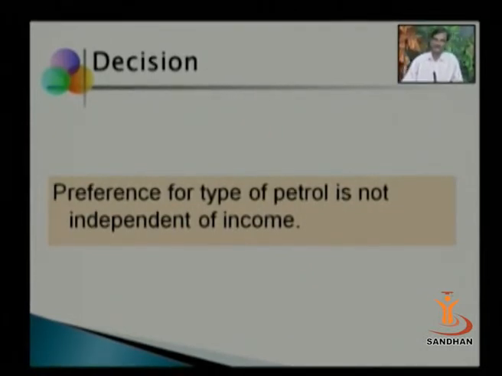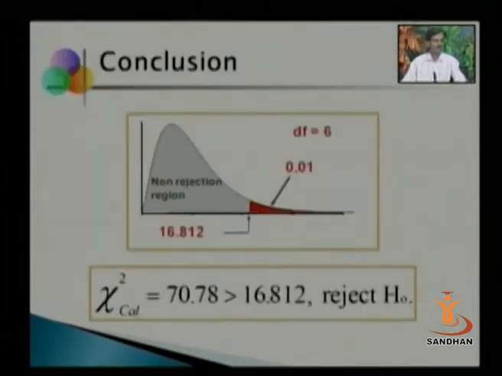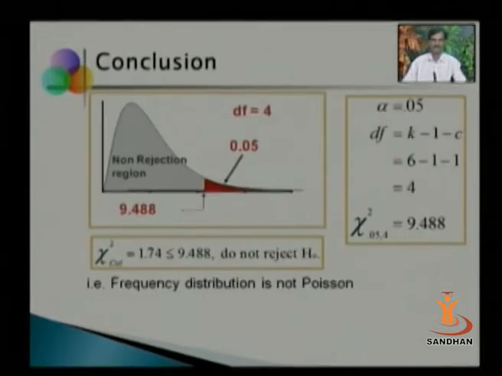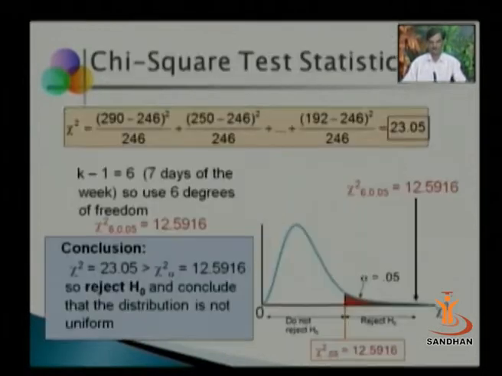Basically, in testing of hypothesis there are two types of tests, parametric as well as non-parametric. In parametric tests we have chi-square, t, F and Z, and the speciality of all these tests is that they are all derived from the normal distribution.